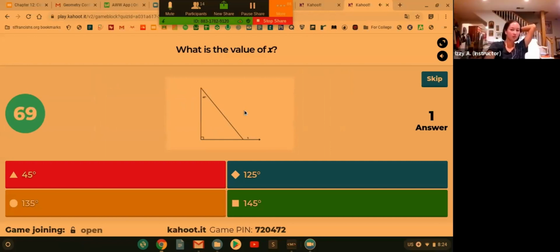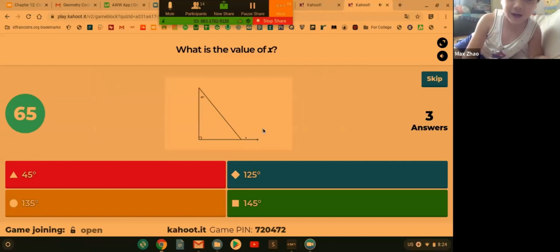So this angle up here is 45, and you want 90. It's 45 plus 90, that's equal to 135. Sorry, I just blurted that one.